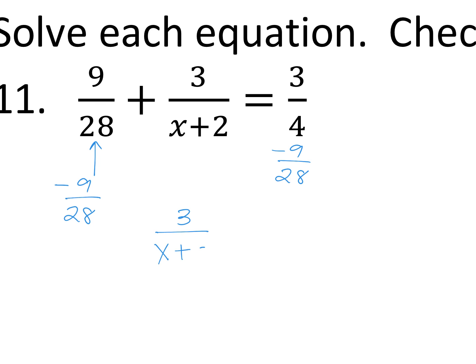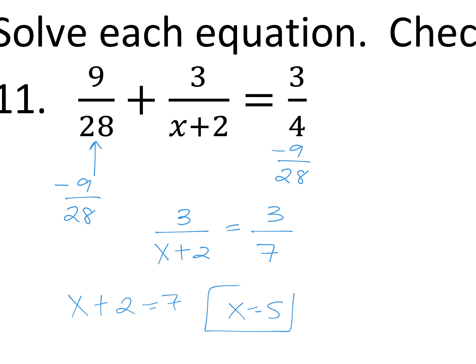3 over x plus 2 equals 3 over 7. Here's the deal. You have options. Your numerators are the same. So 3 over something has to equal 3 over 7. That means your denominators have to be equal right now. So you could just do x plus 2 equals 7 and solve it, and you get x equals 5. Or you could cross multiply, right?